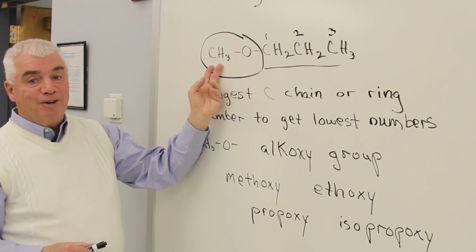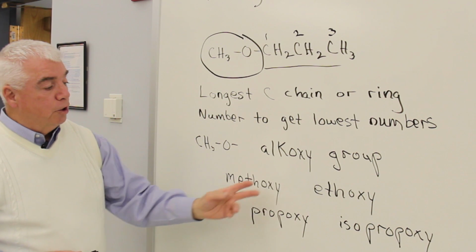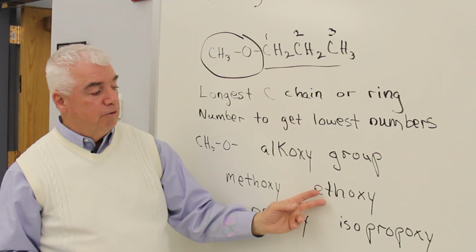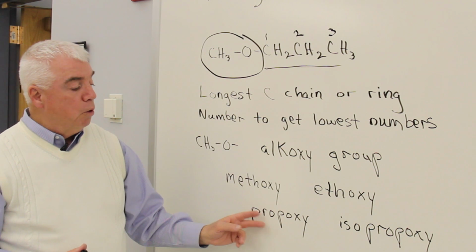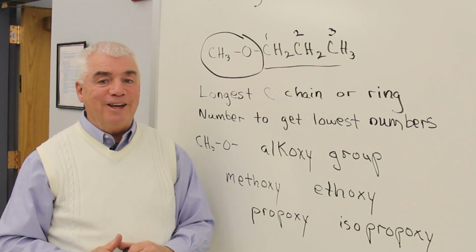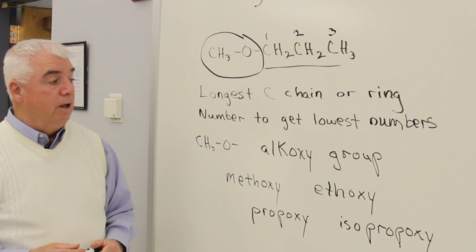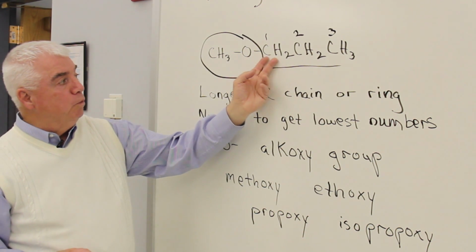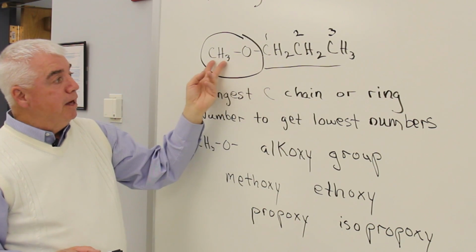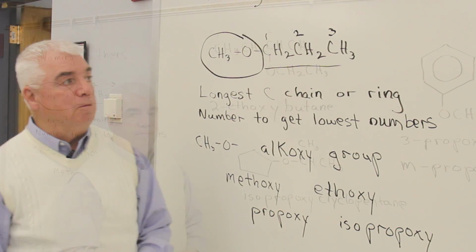This is a methoxy, changing the YL to an OXY. You could have a 2-carbon group attached to an oxygen. That would be ethoxy, propoxy, and isopropoxy. Those are the ones that we'd like you to know. We wouldn't go up to the 4 carbon groups. So the name for this compound would be 1-methoxypropane.